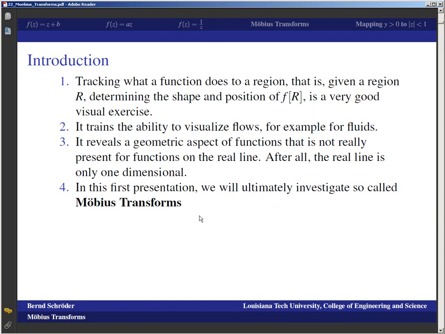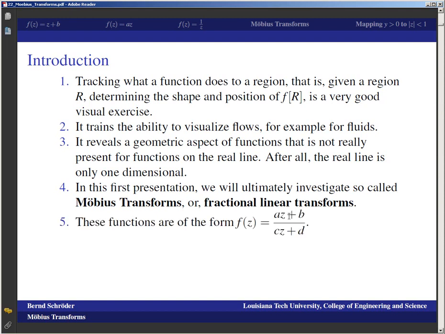investigate the so-called Moebius transforms, and yes, they really are named after a gentleman named Moebius, and I would presume that he was the one who, for the first time, really investigated these transforms. They're also called fractional linear transforms, and basically they are of the form f of z equals az plus b over cz plus d.